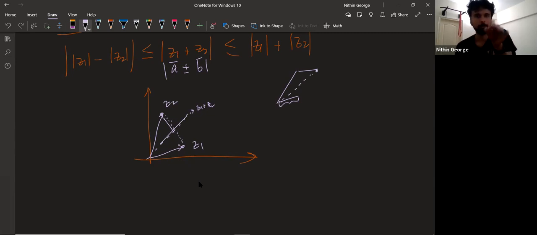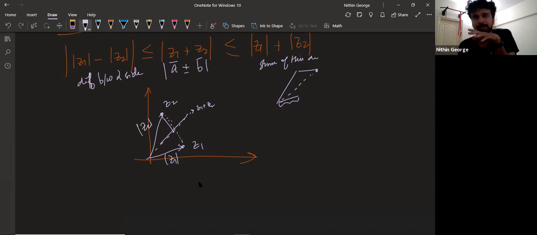Now, Z1 minus Z2, mod of Z1 minus mod of Z2. What is this? The difference between two sides. Mod Z1 means length of side Z1. Mod Z2 means length of side Z2. This is the length difference between those two, right? And this is the sum of their lengths.